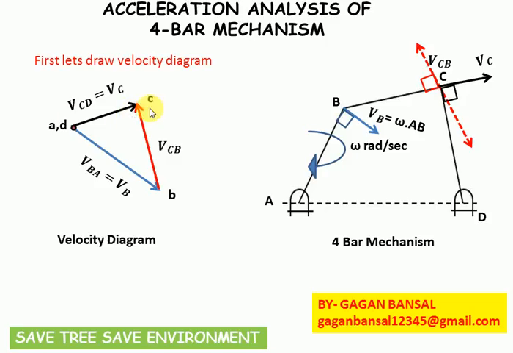Then this dc represents the absolute velocity of C, or the velocity of C with respect to fixed point D, and this vector bc represents the velocity of point C with respect to B. This we have already discussed in detail.